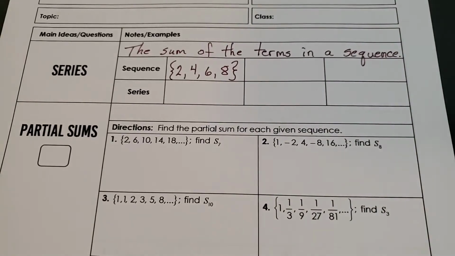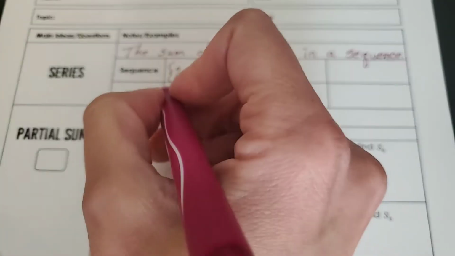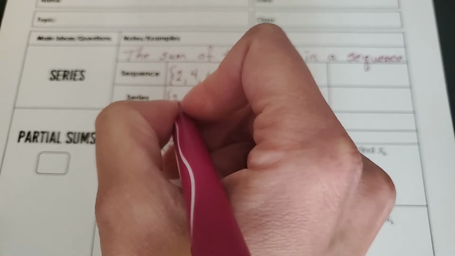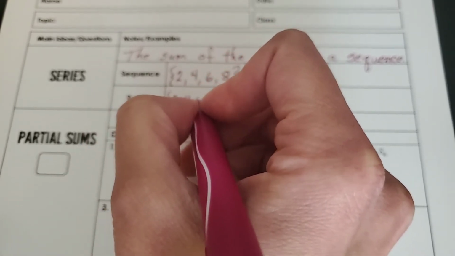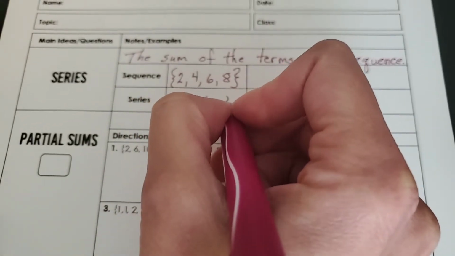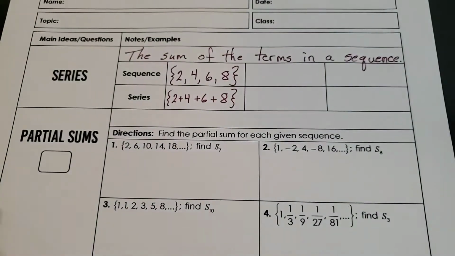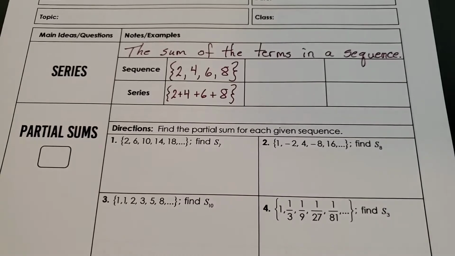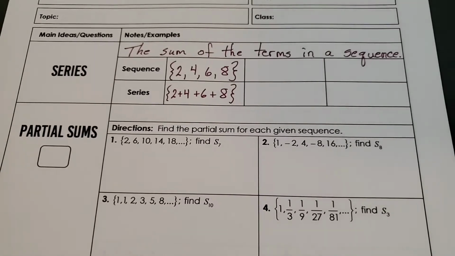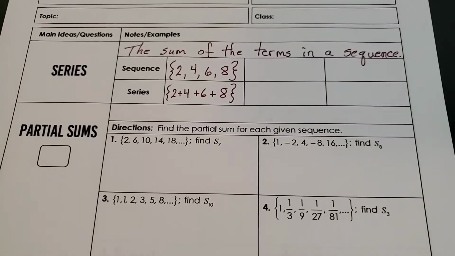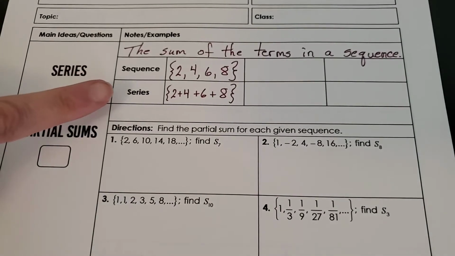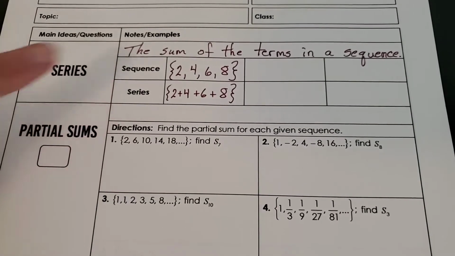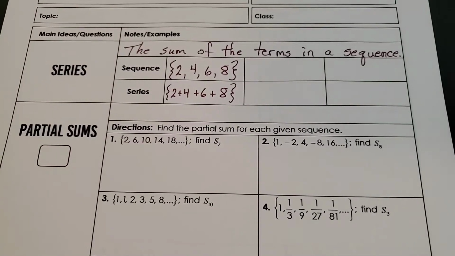The series would be 2 plus 4 plus 6 plus 8. That would be the series, and that series actually would have an exact sum. It would be 20 because 2 plus 4 plus 6 plus 8 is 20. But the series is when you add them all up. The sequence is just looking at those individual terms.